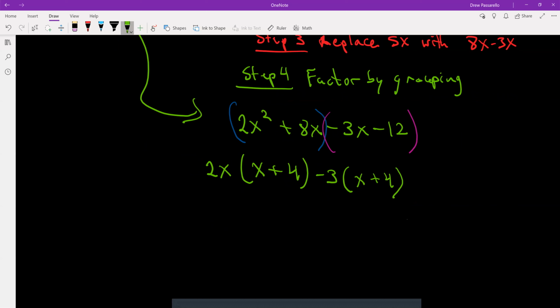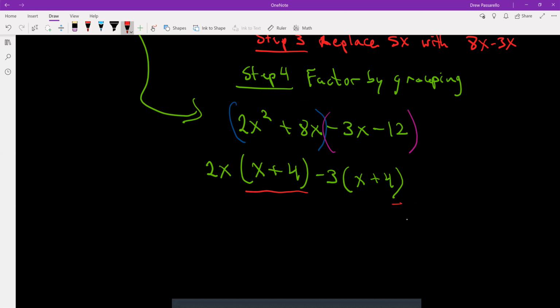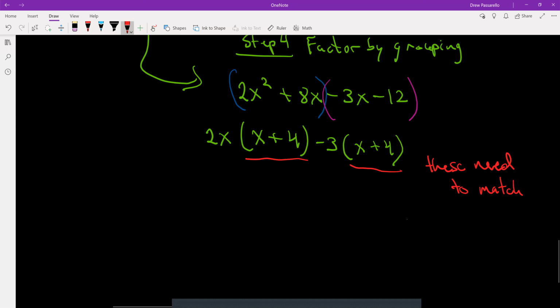And this should always happen, where after you do this step, these two things are always going to match. So these need to match. And what you're going to do is factor that out, so factor out x plus 4.